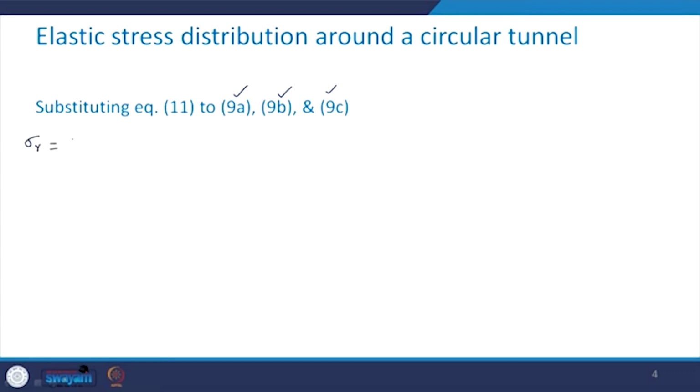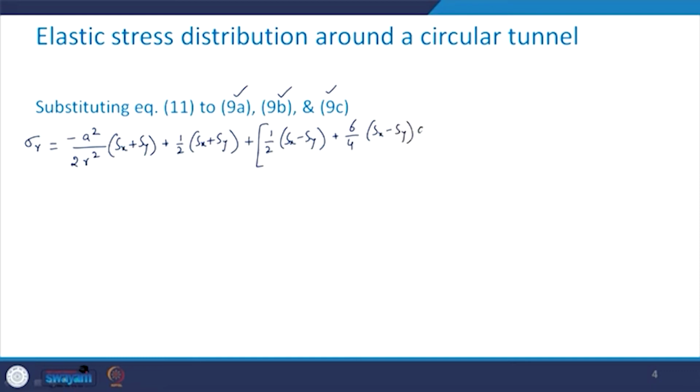Sigma r will be equal to minus a square upon 2r square into Sx plus Sy, plus half Sx plus Sy, plus a box bracket: half Sx minus Sy plus 6 upon 4 Sx minus Sy a to the power 4 r to the power minus 4 minus 2 Sx minus Sy a square r to the power minus 2, into cos of 2 theta.